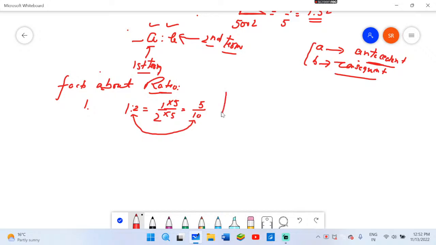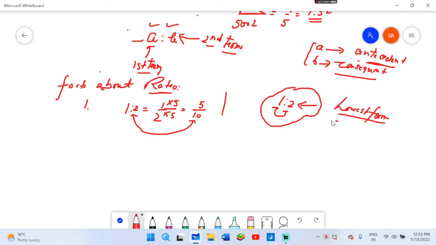But please keep in mind, when the common factor is cancelled, that is when we cancel this 5 and 5, the resulting ratio, that is 1 is to 2, we call it to be ratio in lowest form. The lowest form means when the first term and second term have no common factor other than 1.